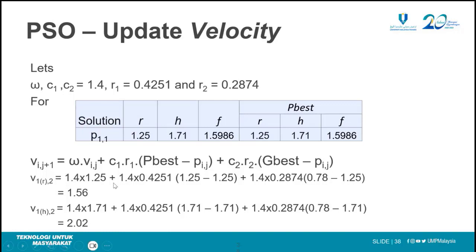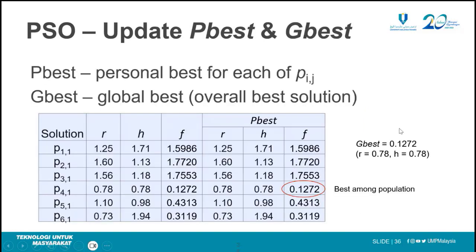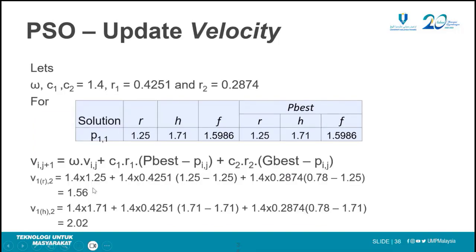Then plus C1, 1.4, R1 is the first random number, times P best for this particle for the first element, 1.25, minus Pij, minus the R value, plus C2, which is also 1.4, R2 is the second random number. G best for the first particle is 1.56, utilizing this formula.